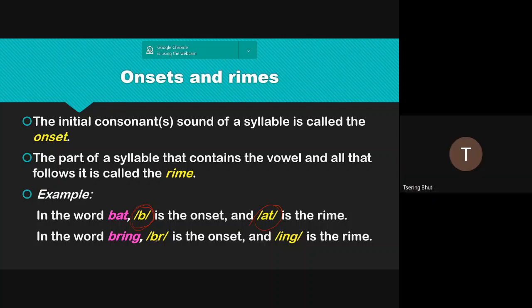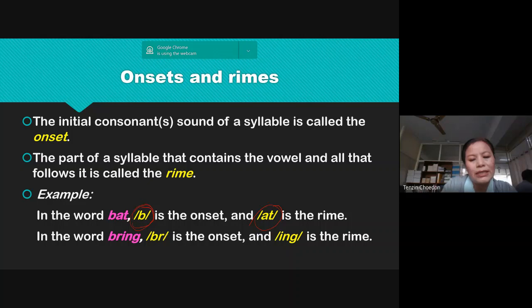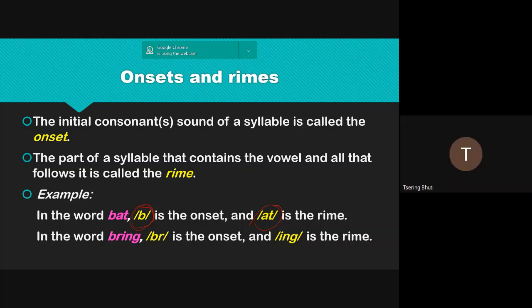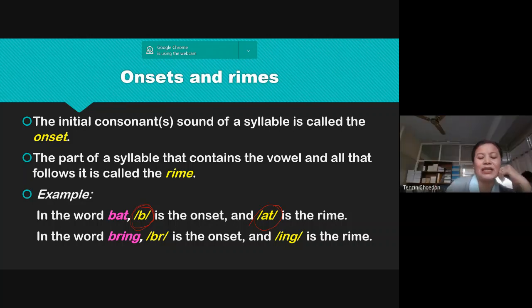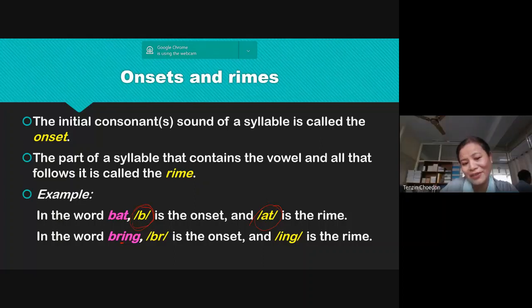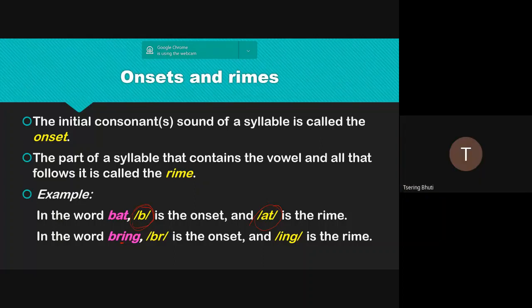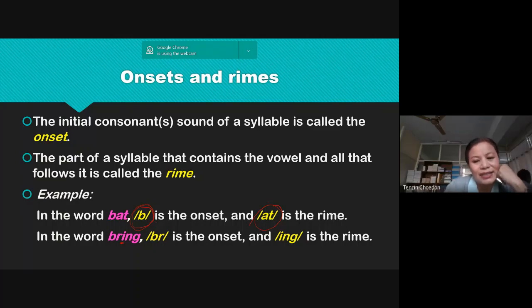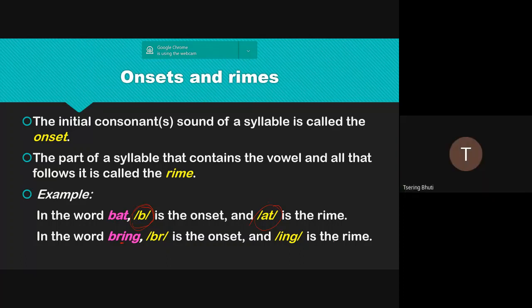This one is taken as the onset because it comes before the vowel. The vowel sound here is i, in ring. So this is the onset, and ing is the rime.